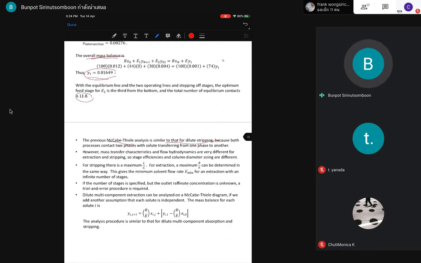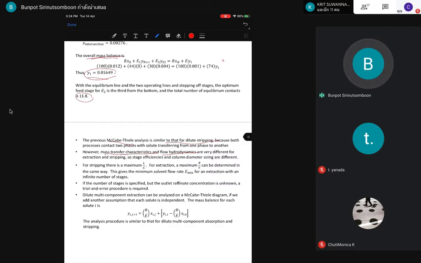However, in stripping the mass transfer is between gas and liquid, but in this case, it's from liquid to liquid. So the mass transfer characteristics and flow dynamics are different, but the calculations are quite similar.